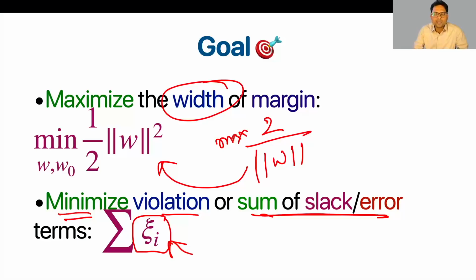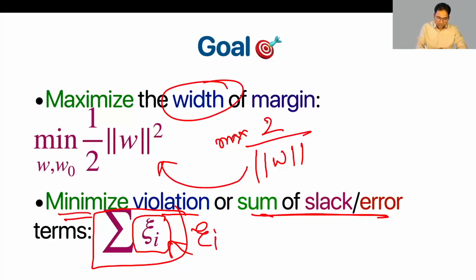Sum of all the errors should be minimized. That's the idea, right? So I should not make errors after I have created the margin. So my margin should be maximized, and the margin should be such that the error is minimized. If this error minimization is not there, the hard margin will keep on making it as big as possible. But because this is soft margin, the error term will also come into play, that I have to minimize the error also.